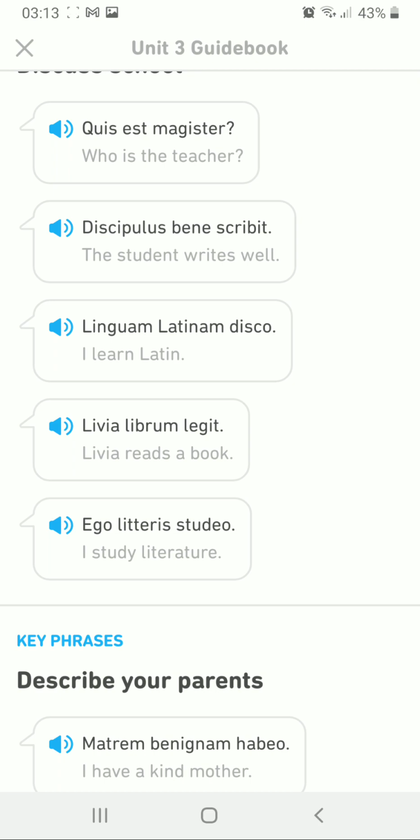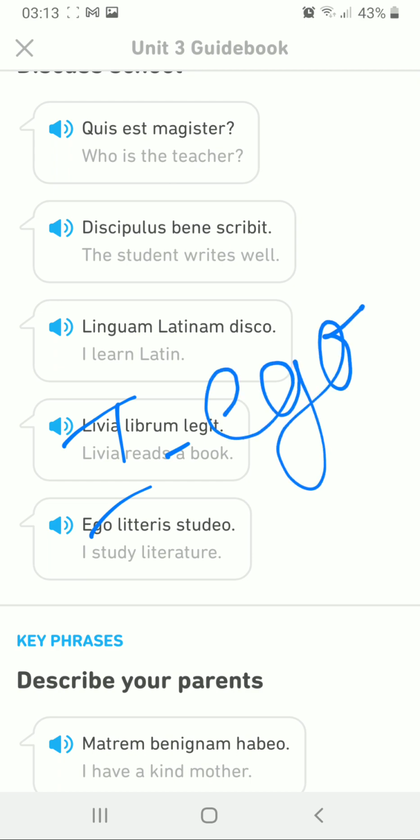And I learn Latin. So here we have the noun, which is I. And as you might already know, in Latin we don't always use a pronoun. So the personal pronoun, the subject pronoun, ego. Ego means I, and this is not always used.